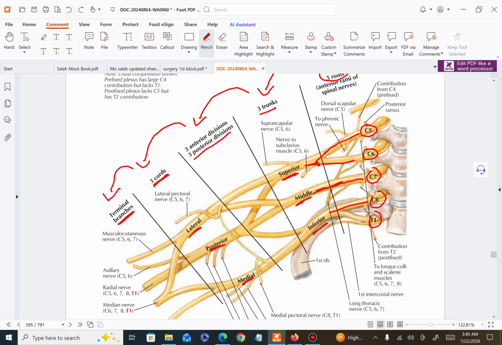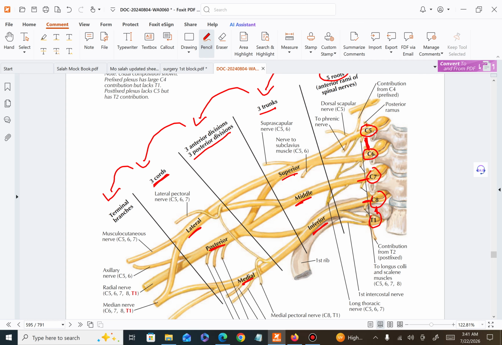The superior trunk is formed by the C5 and C6 nerve roots. The middle trunk is formed by the C7 root, while the inferior trunk is formed by the combination of the C8 and T1 nerve roots.